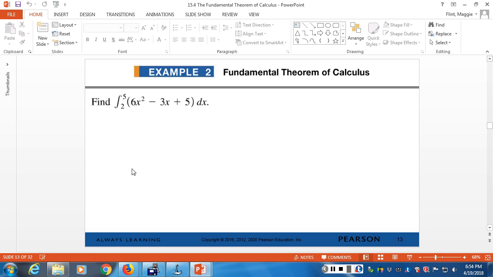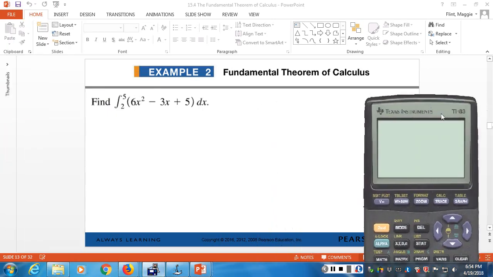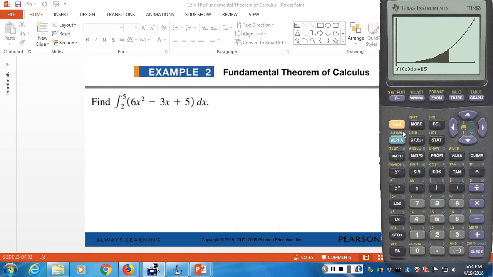Find the antiderivative. I'm just setting this up for us for a few minutes.